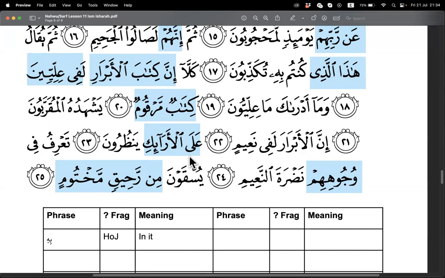Good. Here, alal araiki. Ala is half of jar. Al-arai is the majrur, and al-arai and ki is mudhaf ilaihi. What's the rule of the mudhaf again? No alif lam. Yes, this one has alif lam, right?